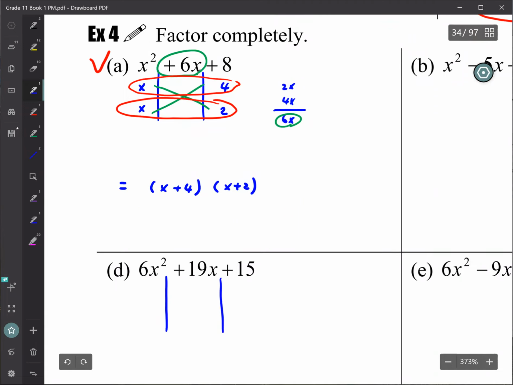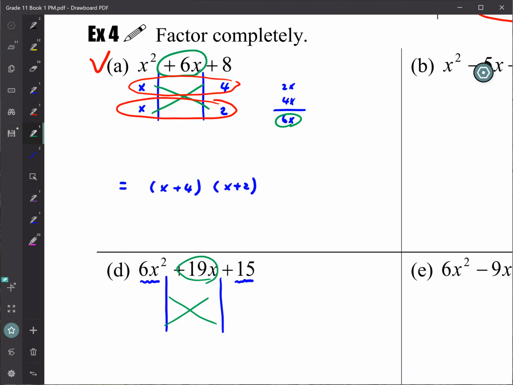So I'll let you guys try this one, and then I'll ask for what you did, okay? So try it first. Think about what makes 6x squared and what makes the 15. And then you cross multiply, see if it matches the 19x. Okay, if you think you got the pair, please raise your hand.